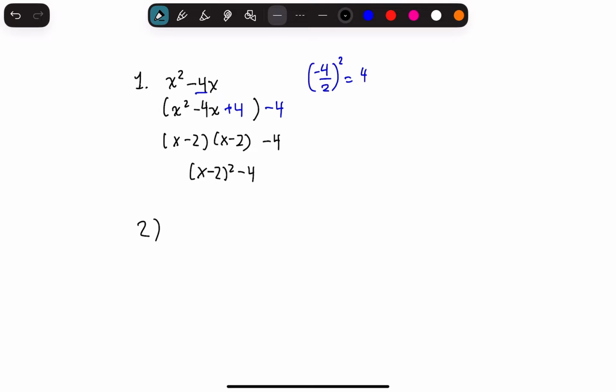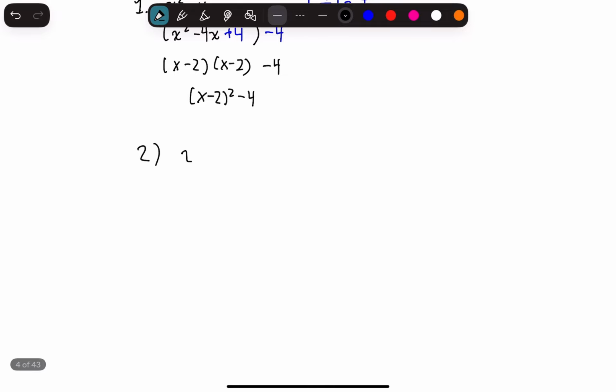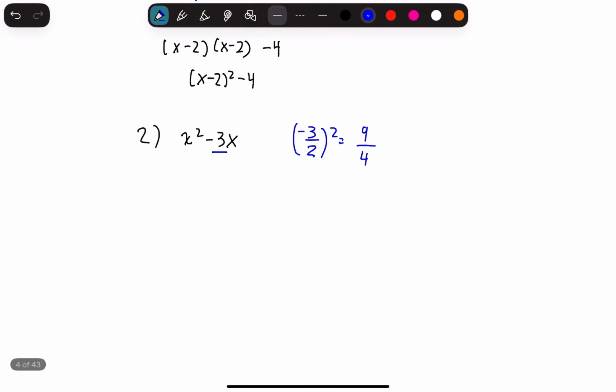Now, let's move on to a second example. Let's say you have x squared minus 3x, and you identify that's your b. So you have negative 3 over 2 squared, which is 9 over 4. And now from here, you have x squared minus 3x.